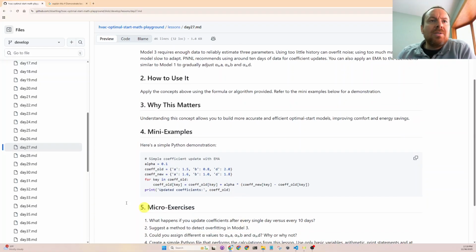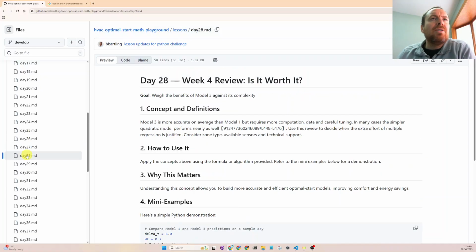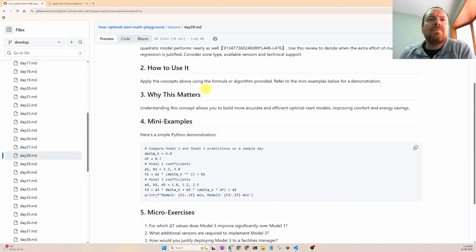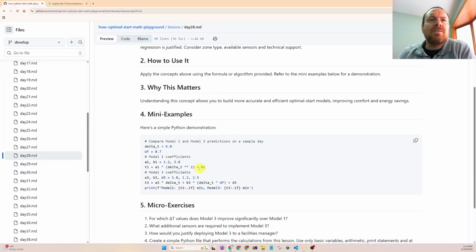So maybe we'll do these two tomorrow, and actually maybe we could do all these tomorrow, and that'll sum it up for Model 3, and then we have a week on Model 4 from the P&L paper.